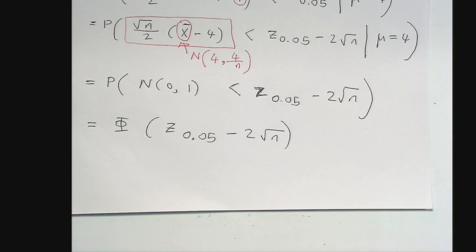Minus 2, because the 2 comes from here. When you divide 4 by 2, you get 2. That's why you get the 2 here. Just think about it, guys. It's not difficult. It's not rocket science. Think about it, man.